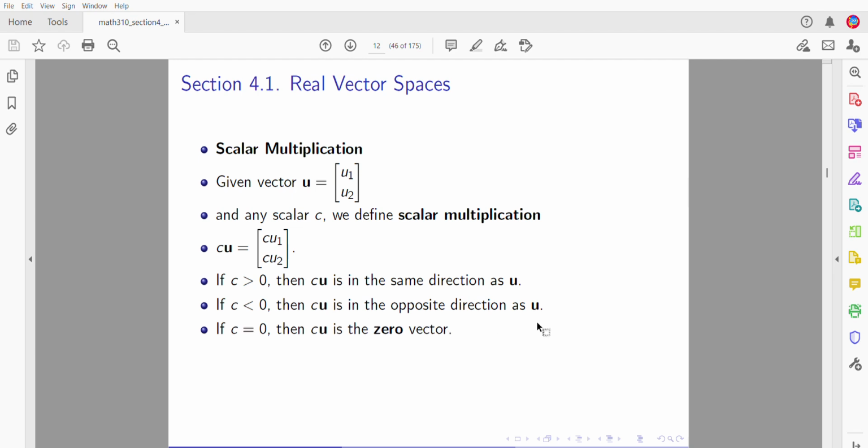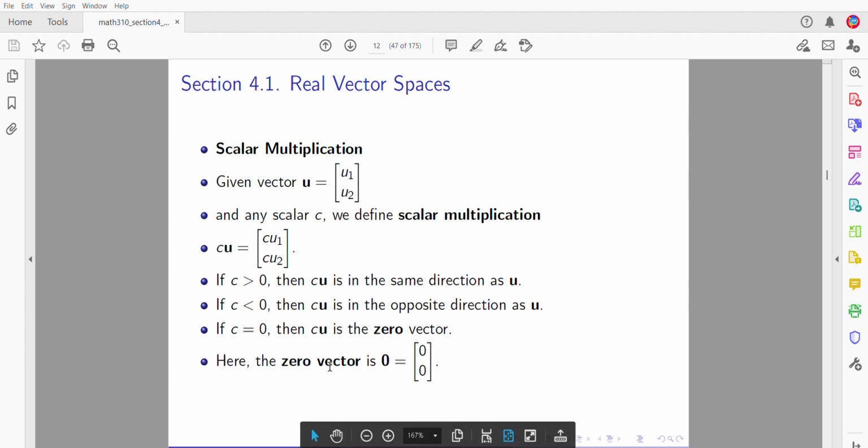What happens when c is 0? Then cu is the 0 vector. If I multiply something by 0, all I get are 0, 0. What is the 0 vector? It's denoted by boldface 0, which is 0, 0. It is the origin.